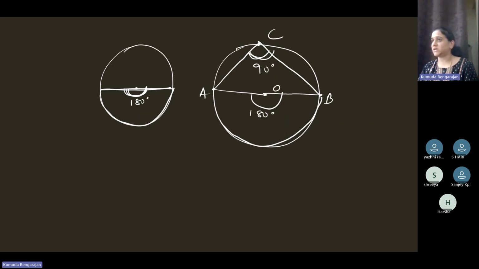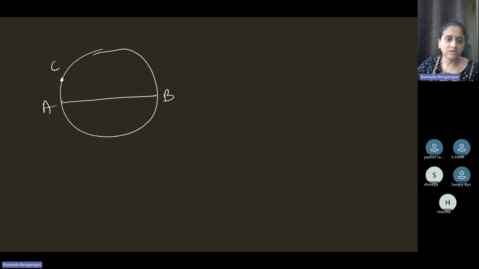Angle in a semicircle is a right angle because this is the diameter. Circle, semicircle. Take any point. So AB is the diameter. C, join A to C, B to C. This is 90 degrees.